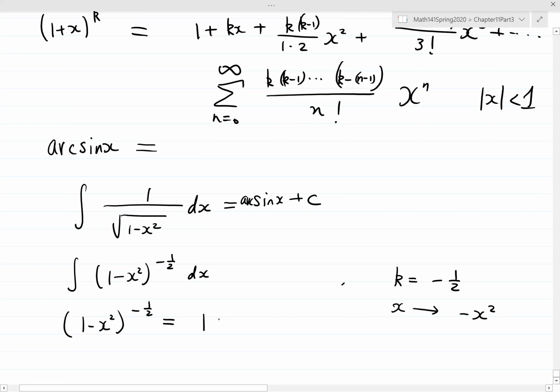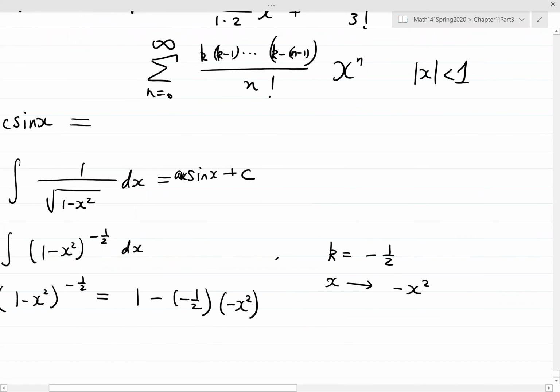Then you get 1, and the next term is k times (−x squared), that is −1/2 times (−x squared), plus k(k−1) over 1 times 2, that is (−1/2)(−1/2 − 1) over 1 times 2, times (−x squared) squared.